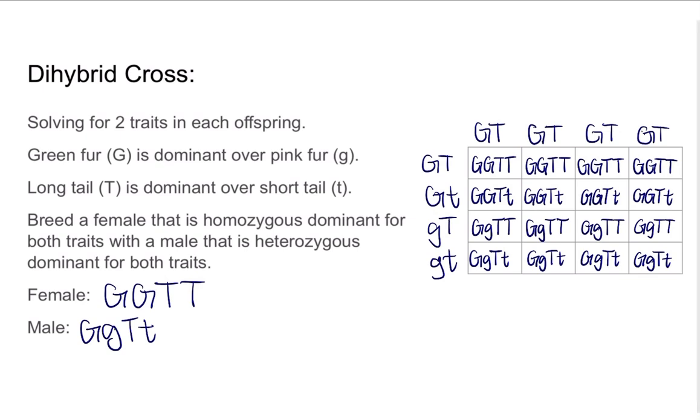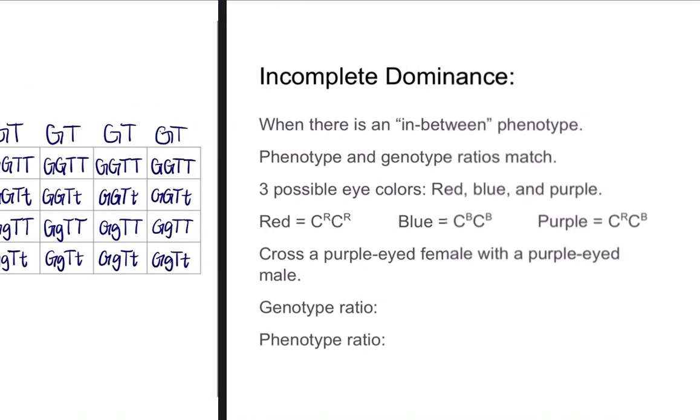They'll all show a long tail because there's none that are showing just two little t's together. And they're all also gonna have green fur because there's also no two little g's shown together either. So there is your dihybrid cross.